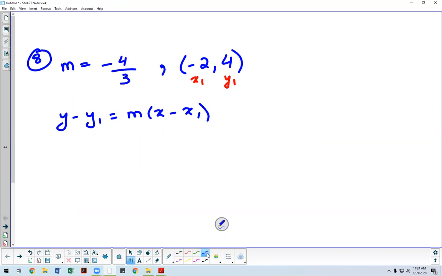And then we already have our slope, so that should give us y minus y1. y1 is +4. Your slope is -4/3, so that's the m. And then x minus x1 is -2, so make sure you take that into account.